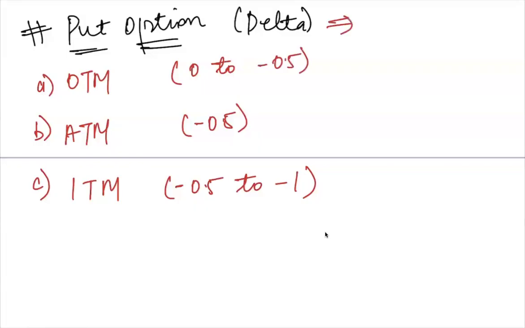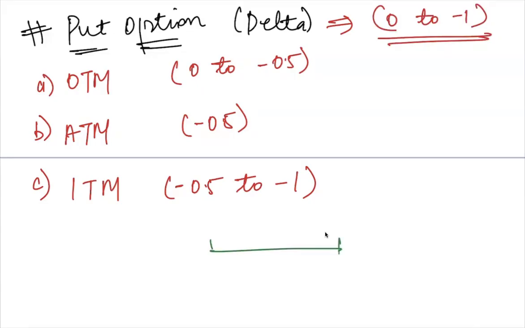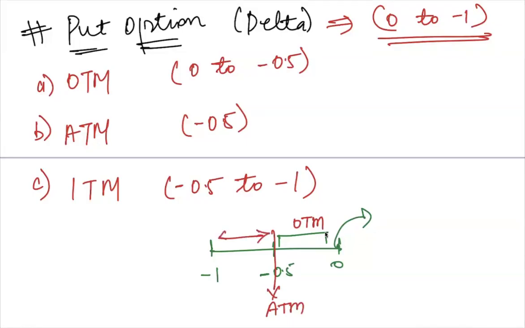So overall, the delta of a put option is between 0 and -1, as we covered. So we see 0 to -1, and this is your -0.5. This range is out of the money, -0.5 is at the money, and this range is in the money.